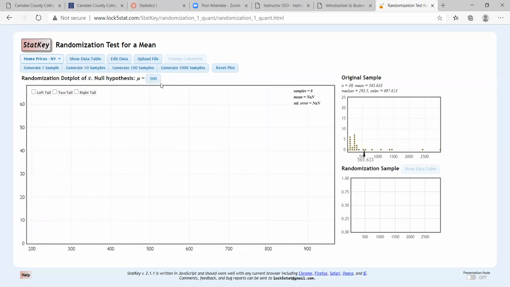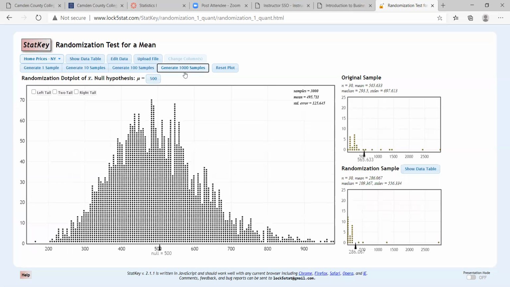The alternative hypothesis is that it's greater than 500,000, so we're going to do a right tail test. I'm going to create maybe 3,000 samples in this case.